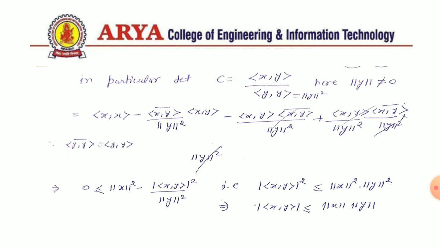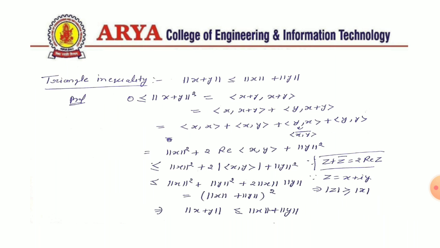After solving, we get norm of x squared minus modulus of inner product of x and y squared upon norm of y squared greater than or equal to 0. That is, modulus of inner product of x and y squared is less than or equal to norm of x squared, norm of y squared. That is, modulus of inner product of x and y is less than or equal to norm of x, norm of y. Okay, now let's move to the next slide.